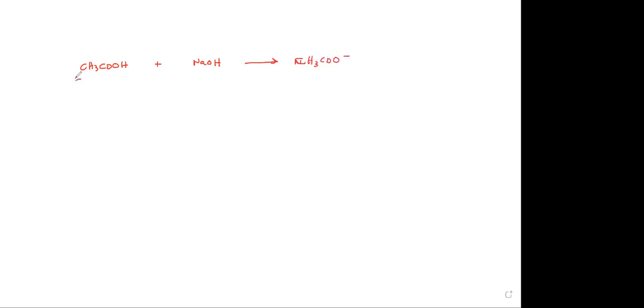So what do we do now? We put both of the values there. You're going to react it with the same amount, and it's going to produce the same amount.